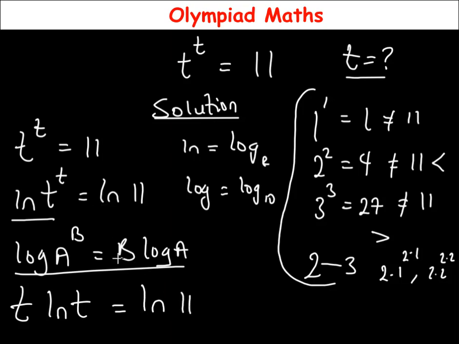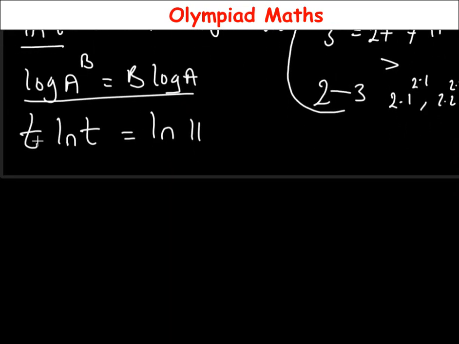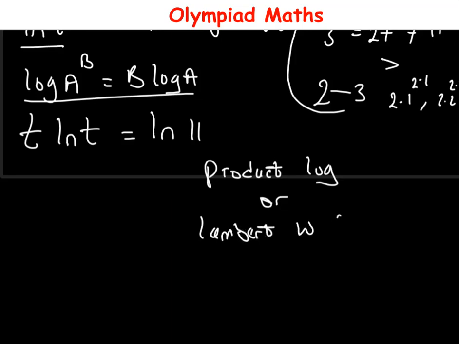which equals ln 11. Now at this junction, to get the value of t, we're going to introduce what is called the product log, or the Lambert W function, or also called the omega function.